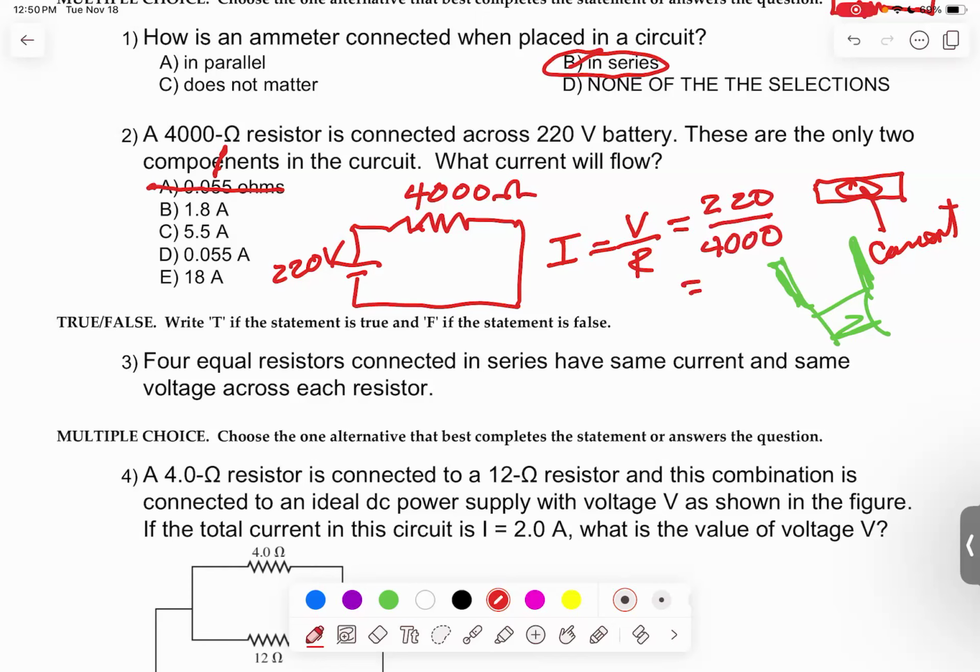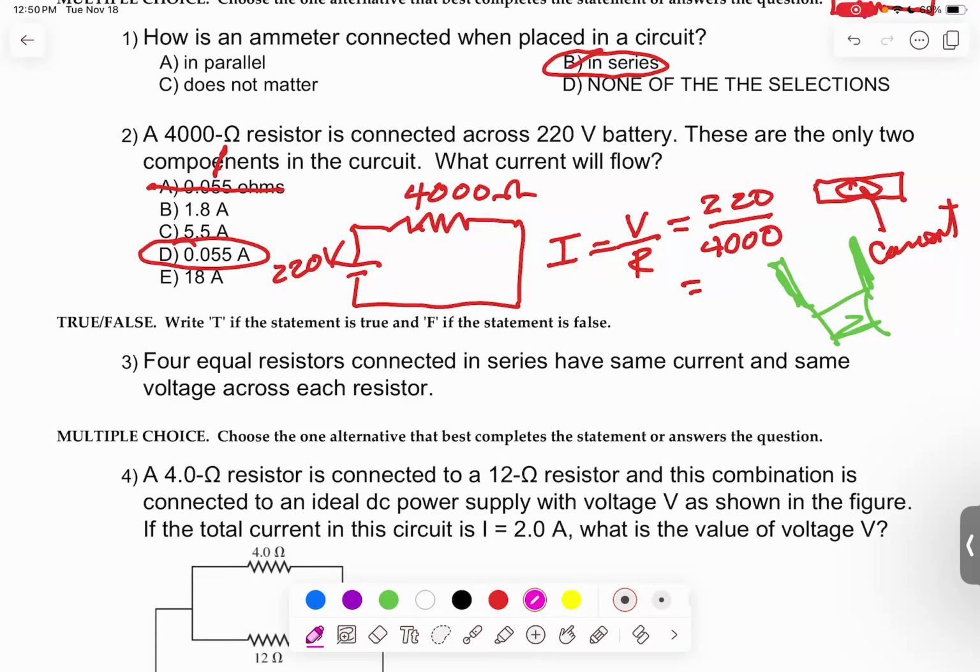I'm just going to plug this into my calculator instead of looking at the answers at the end and make sure I can get a nice answer. Should be the 0.055. So 220 divided by 4,000 is 0.055 amps. Okay.